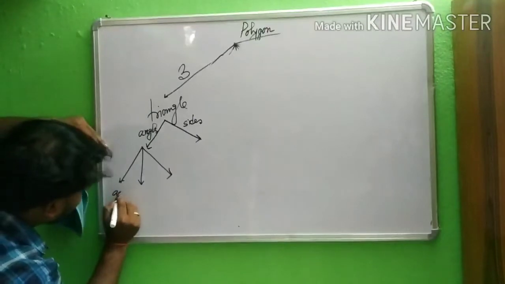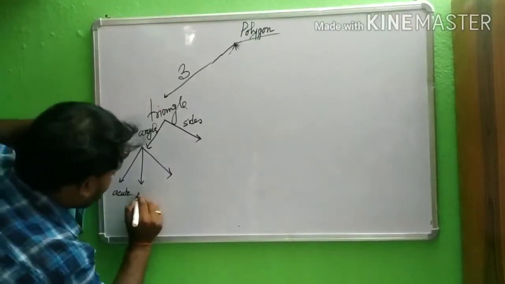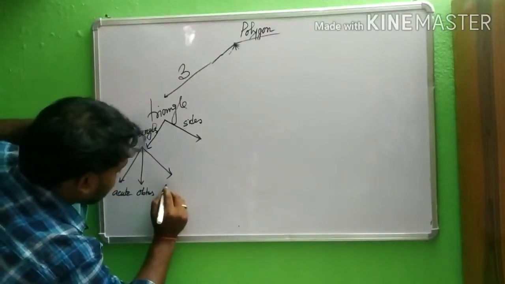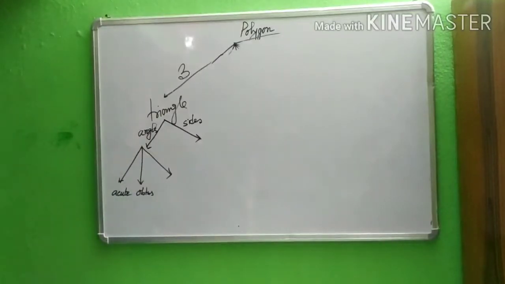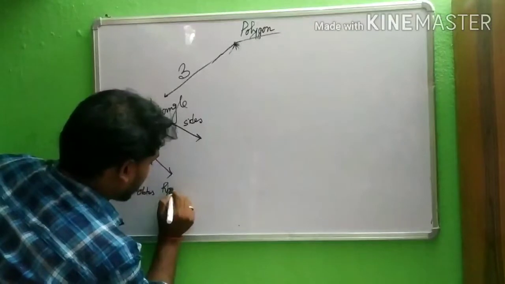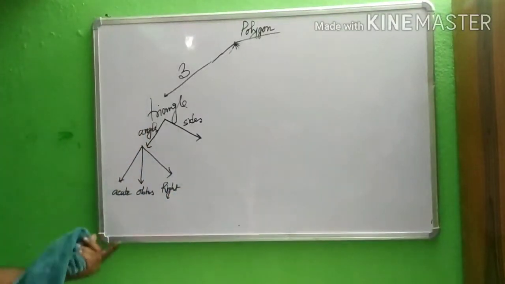Acute angle triangle, obtuse angle triangle, and right angle triangle. The definitions are very easy.